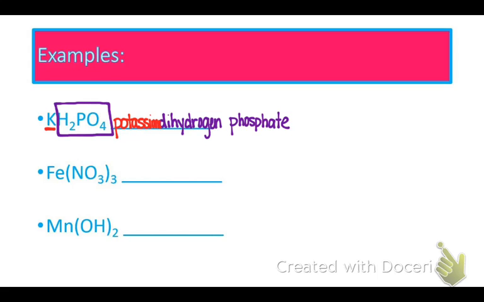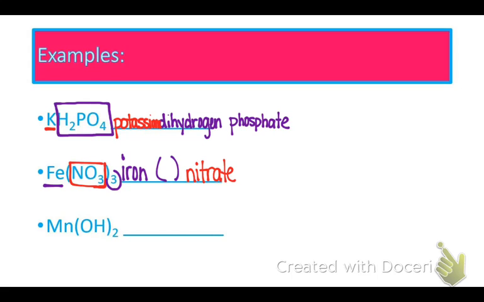Okay, then you go down to the next one, and look, love parentheses, because it's practically boxing it for you. So we have the nitrate ion. And all we have left over is Fe, which is iron, and iron I do not know the charge of, which means I'm required to write a Roman numeral.